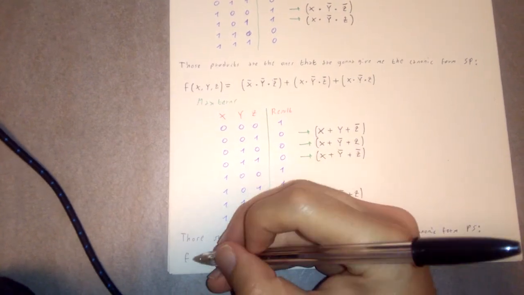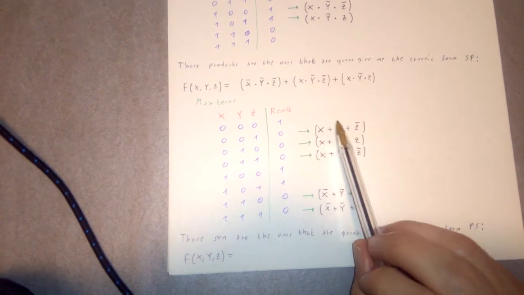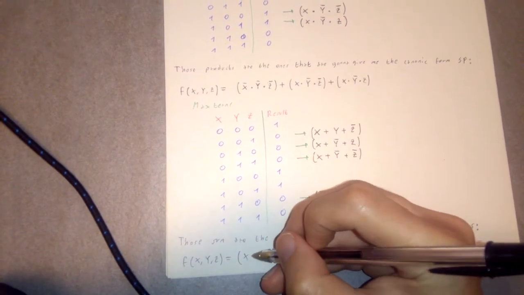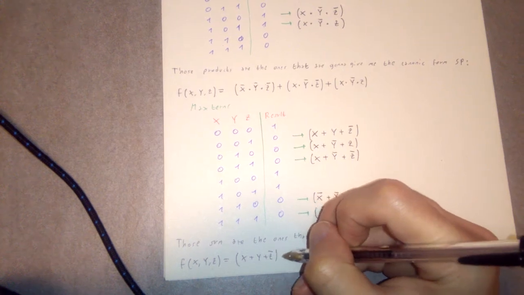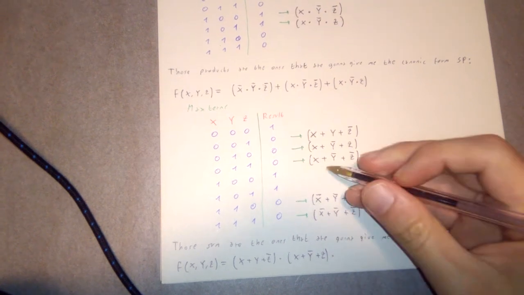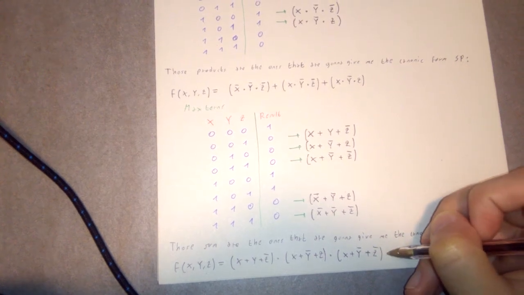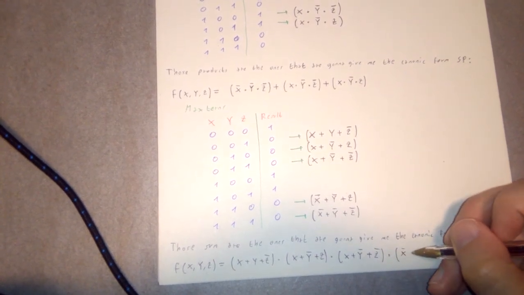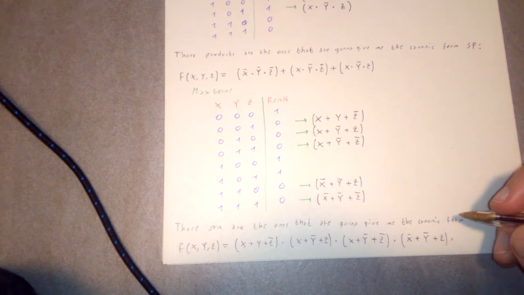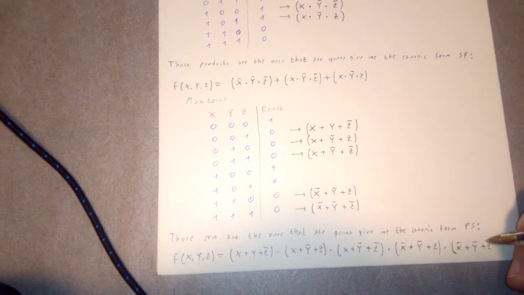In this case, my canonic form f of x, y, z is going to be the product of all those sums. So we have x plus y plus not z, times x plus not y plus z, times x plus not y plus not z, times not x plus not y plus z, times not x plus not y plus not z.